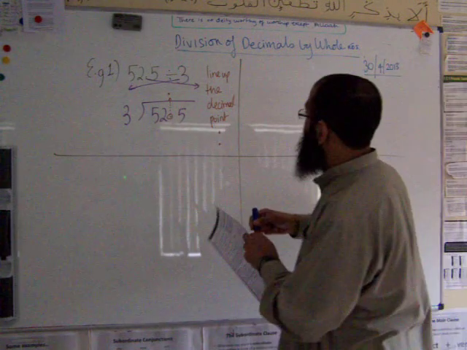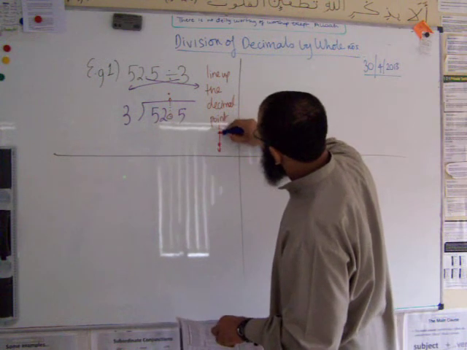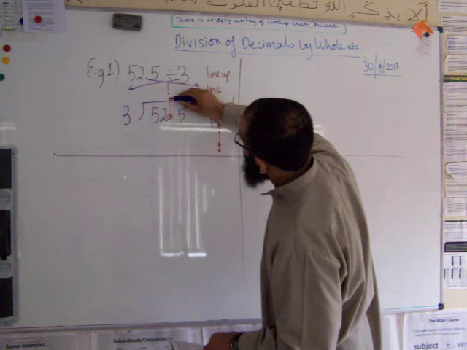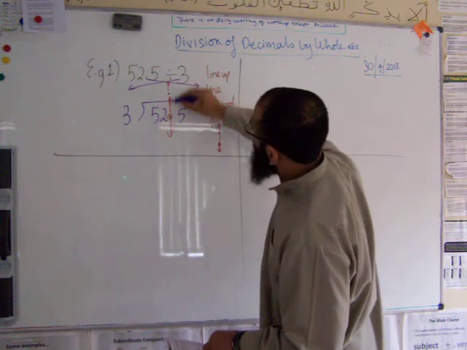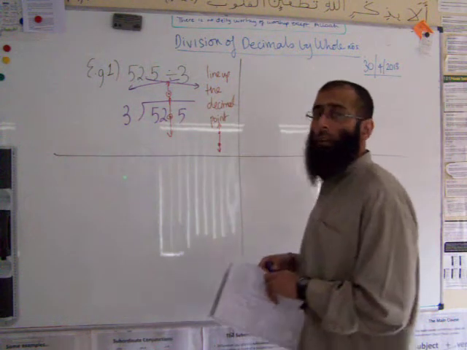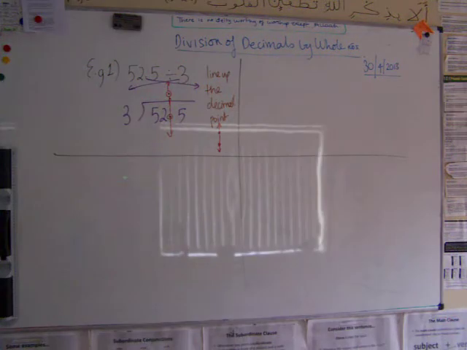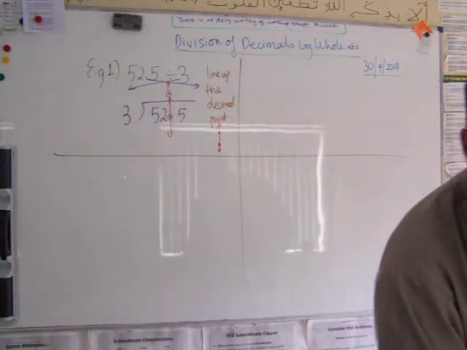So that's what we are doing. So those two decimal points are in a line. So let's complete this question now.